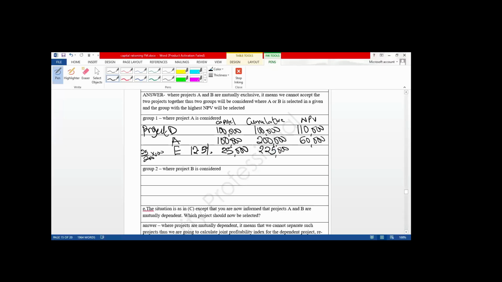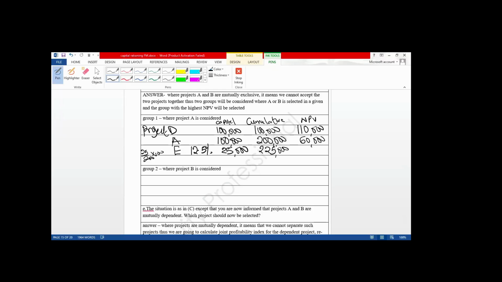In that case, you can only achieve 12.5% of project E's NPV. What is project E's NPV? 40,000 naira.